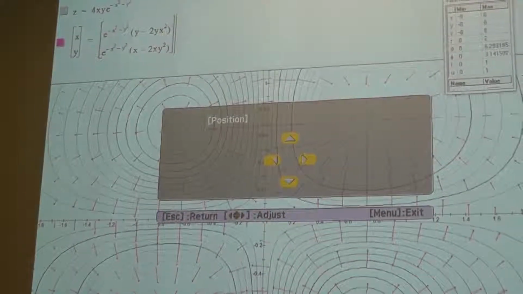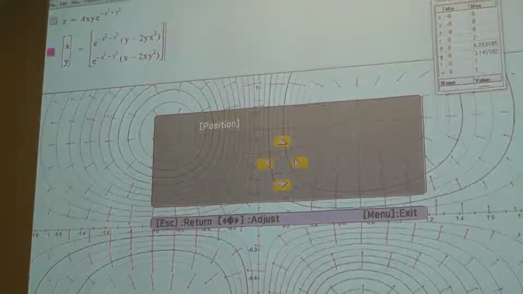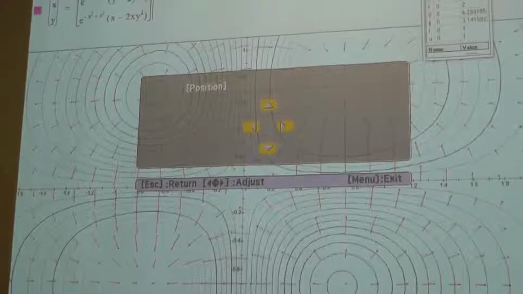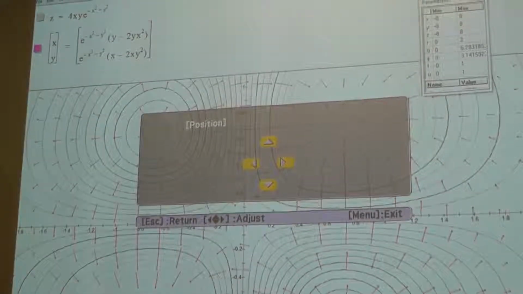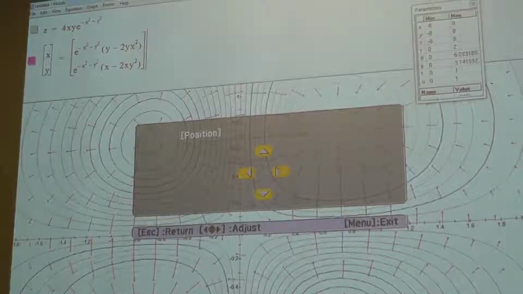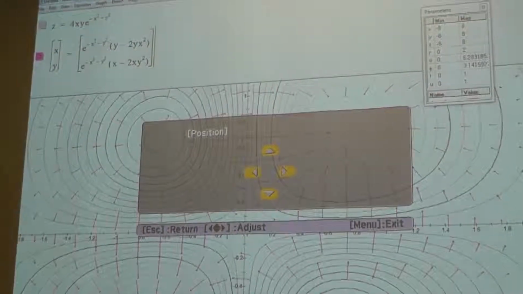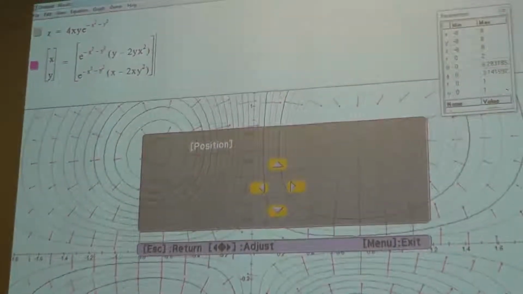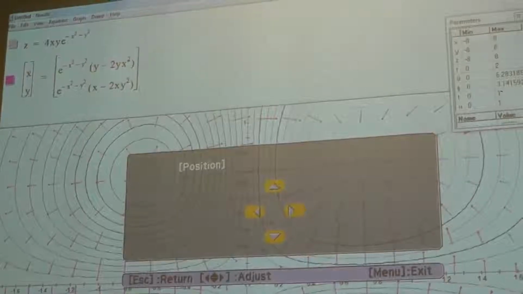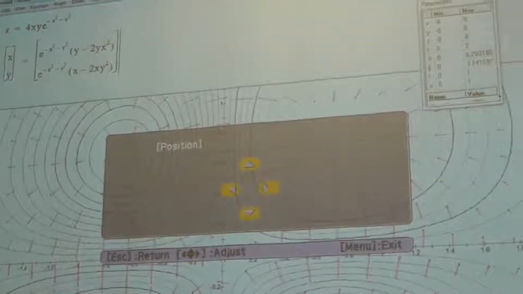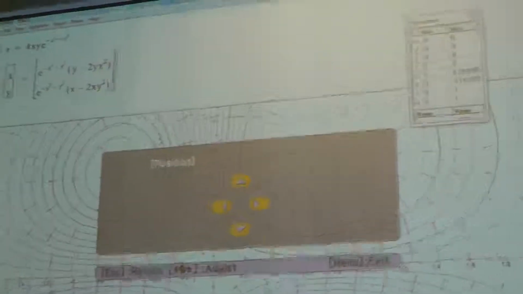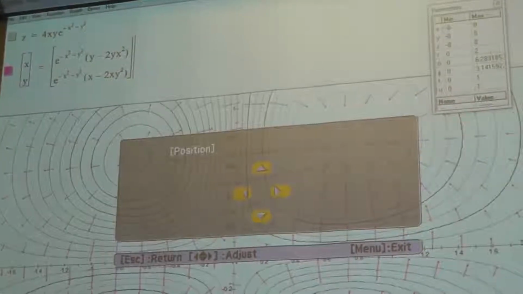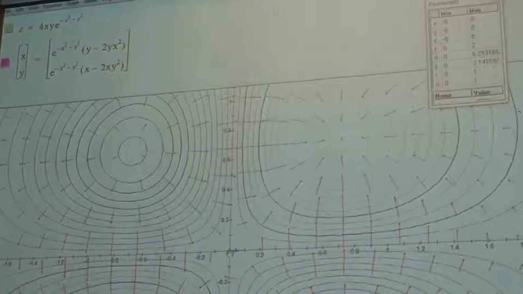There's a physical zoom by the lens. Now you just grab it and move it. I think that might work. Okay, so menu. Good deal.